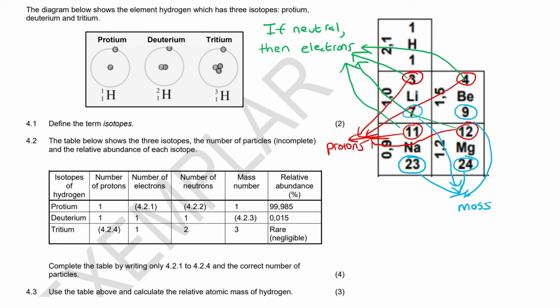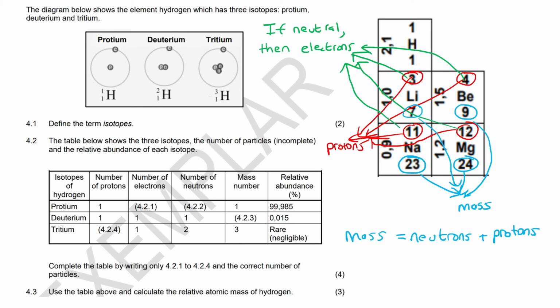So we know that the mass of an atom is the number of neutrons plus protons. Why not electrons? Well, we've learned that electrons do not have any mass. I mean, they do, but it is so tiny that we assume they don't have any mass. Okay?